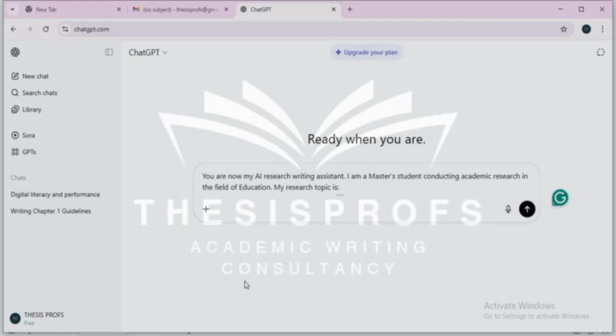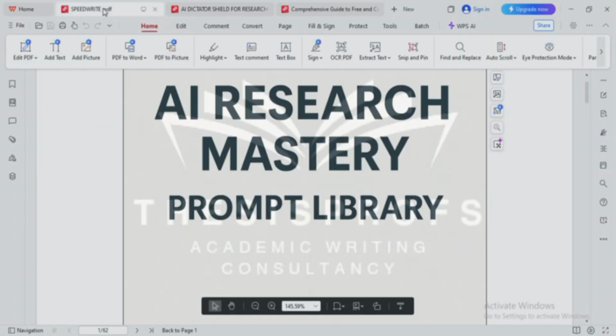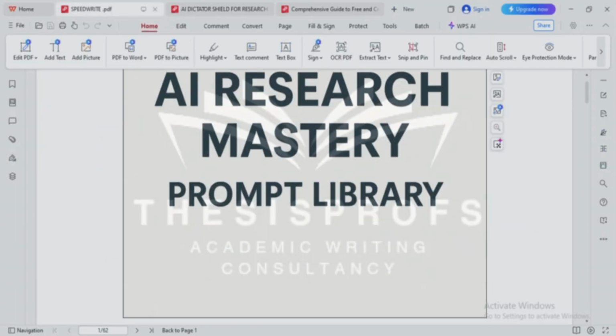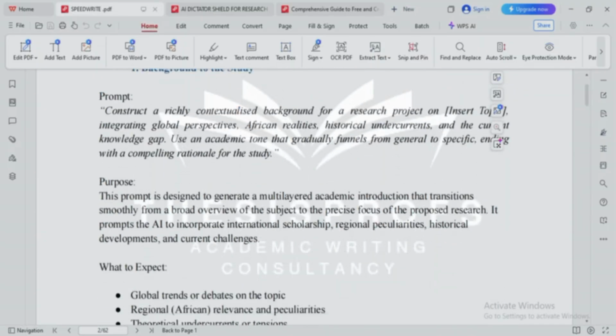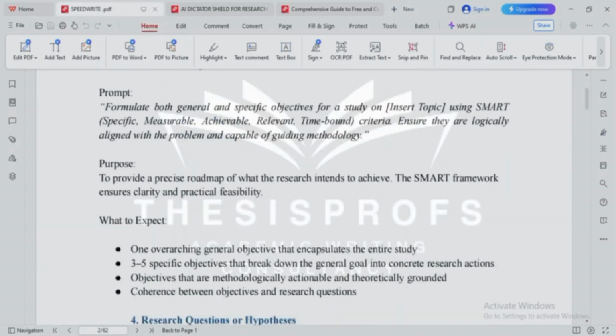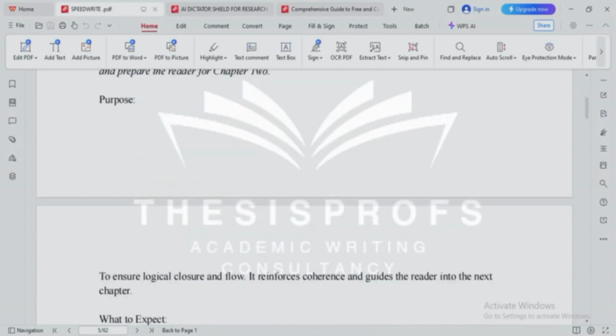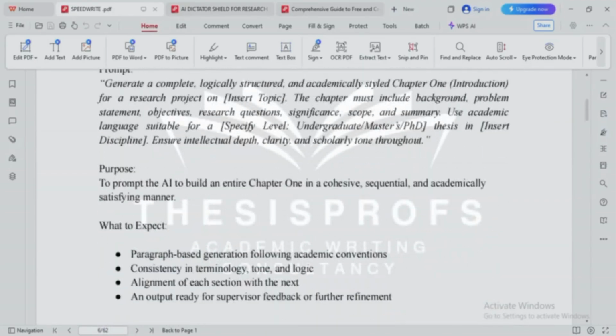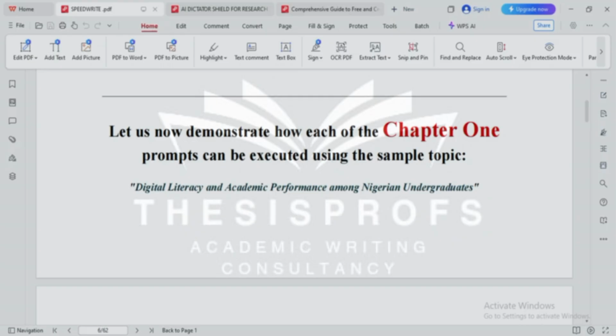For the sake of this tutorial, I'm going to be making use of what we already have. I think we had to get a topic to use as an example.